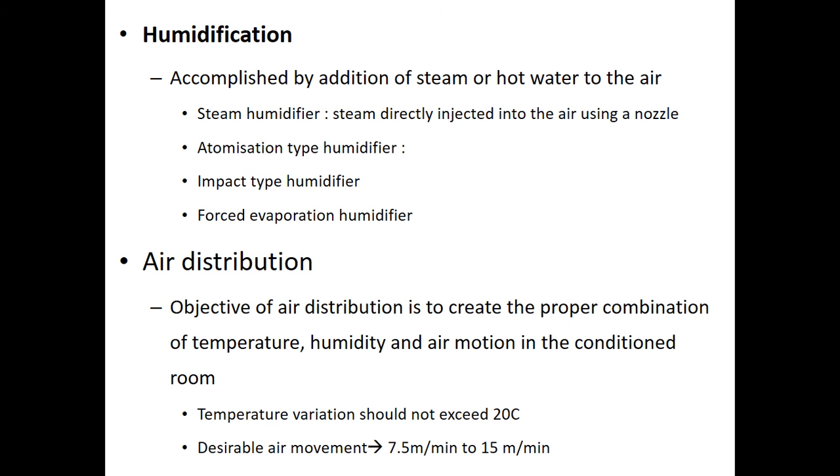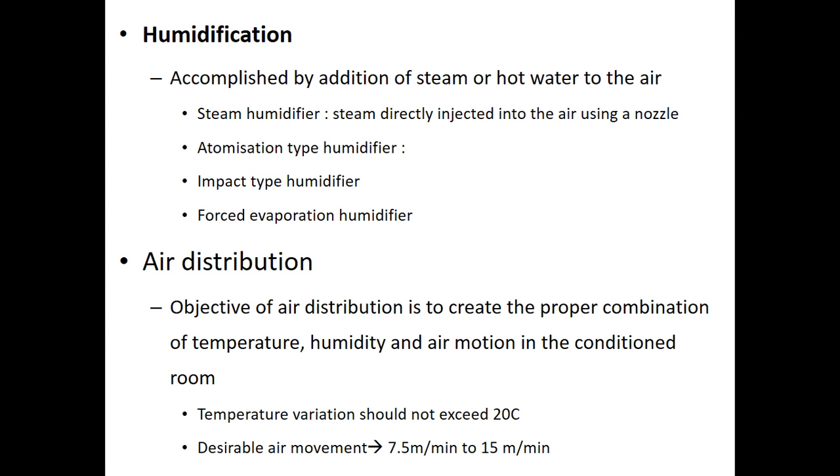And another type is the impact type humidifier. Again, some kind of spraying is happening, which means it makes use of a fine jet of water which is allowed to target against a hard target, and when it impinges on it, it breaks up into fine spray. The air is forced into the chamber using fans, which pick up the water by evaporation.